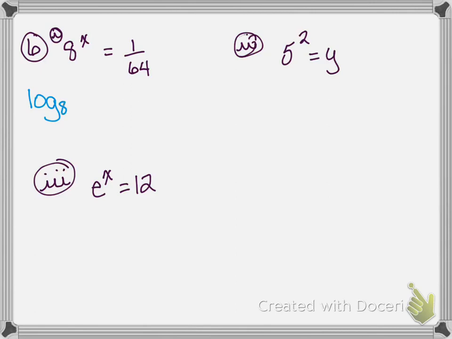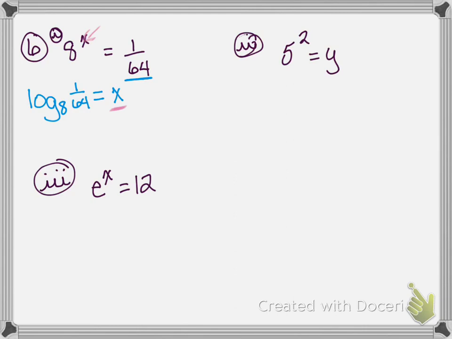My of is the answer to an exponential equation. So I have log base 8 of 1 over 64, and that is going to equal x. The answer to a log is an exponent. So when you are finding a log, what you are looking for is the exponent. Okay, so that's how we rewrite that one.